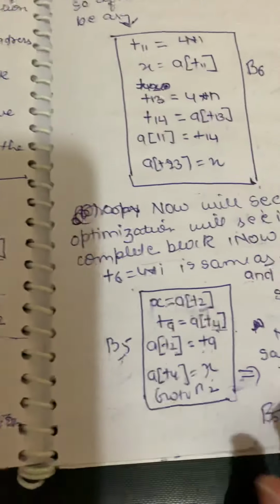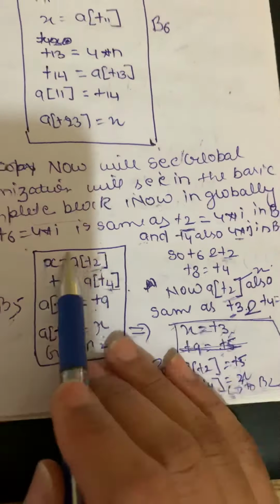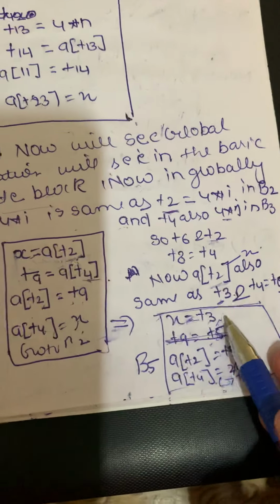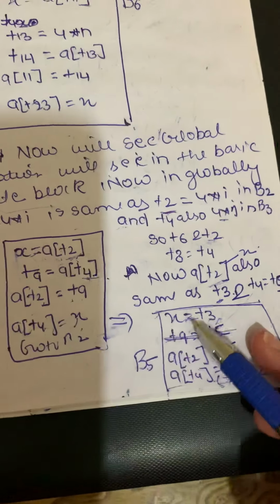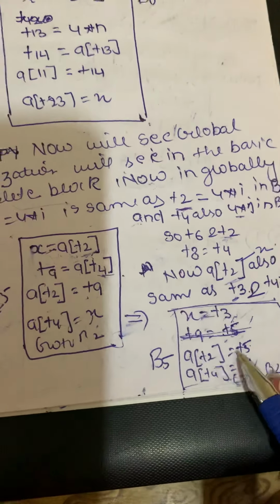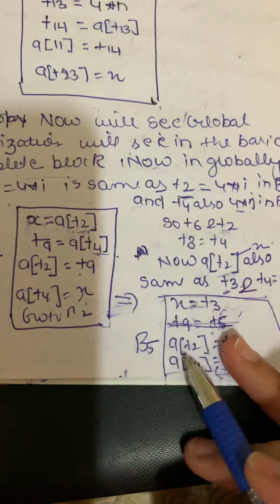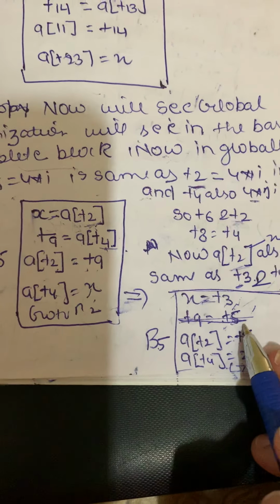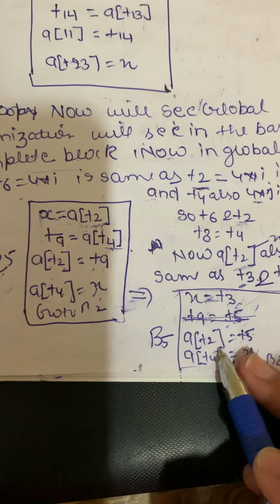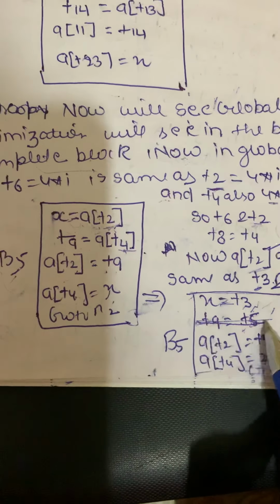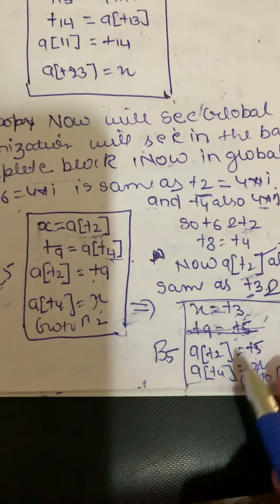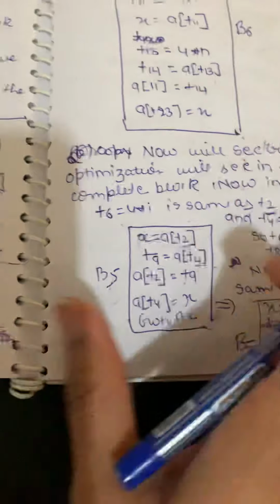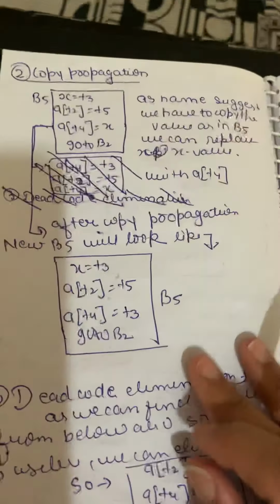After doing so, a[T2] is replaced by T3 because T3 is equal to a[T2]. Now a[T4] is equal to T5. Now one more thing to see here: a[T4] is equal to T5, and T9 is already equal to T5, and T5 is already equal to a[T4], so we can eliminate this too. Then a[T4] is equal to x and go to B2. This is the way you can eliminate globally.